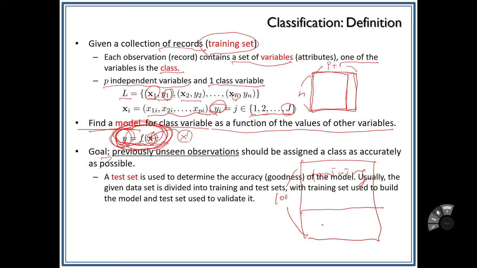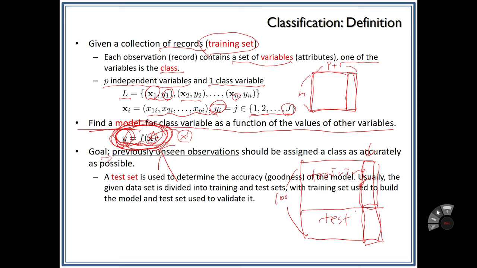And we use the remaining set, which is the test set, to see how good this model is. Because both the training set and test set have y columns, they have the true values of y.